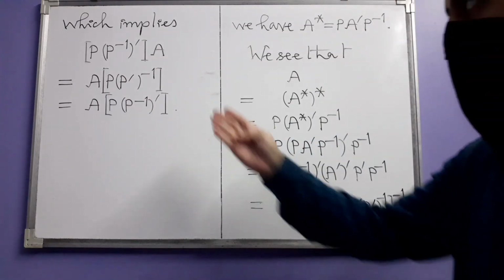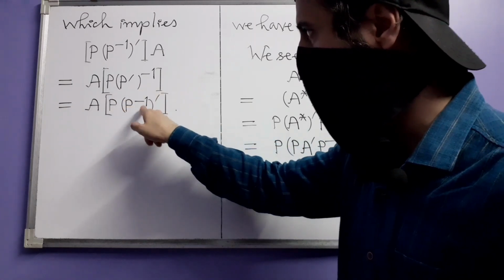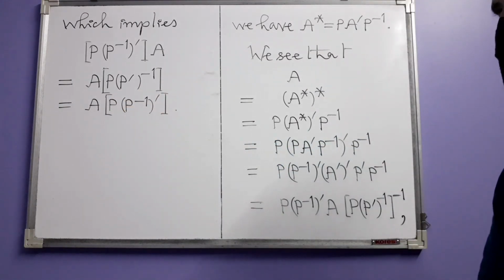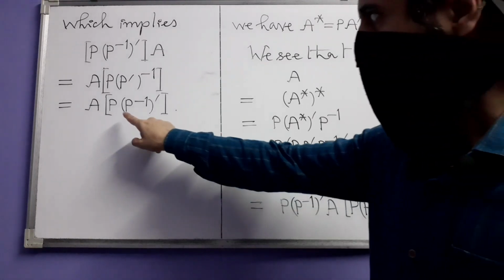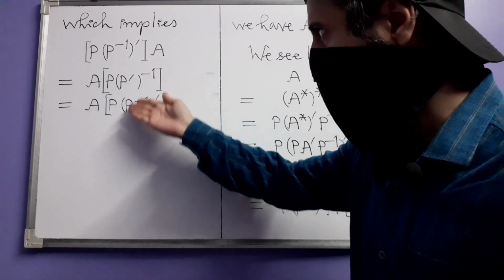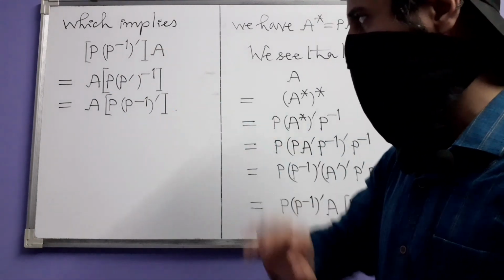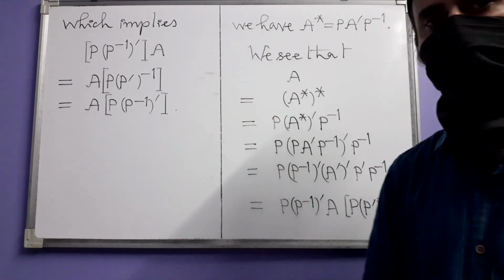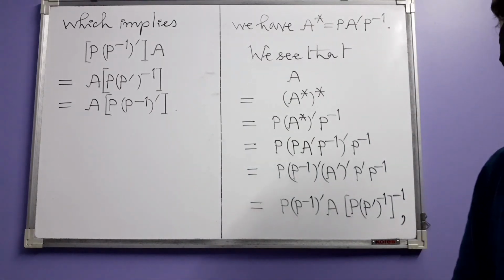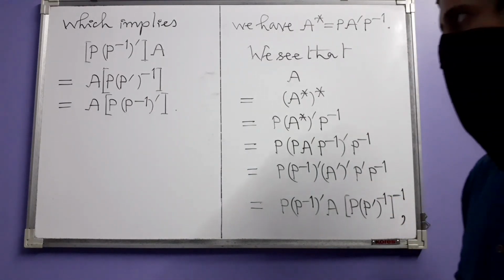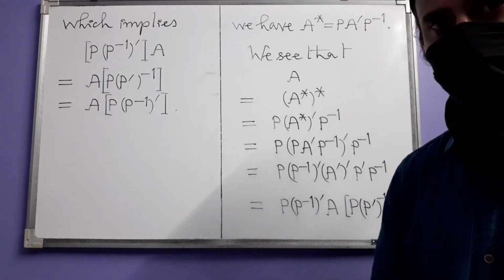But then again you know that you can interchange inverse and transpose. So you next write in place of this P times P inverse transpose. Now you are looking at a very interesting thing here. You can see that these are the same matrix. Okay, P times P inverse transpose, that commutes with A. That matrix times A is equal to A times that matrix. The interesting thing here is that this is true for all A, for any matrix A in the algebra Fn.